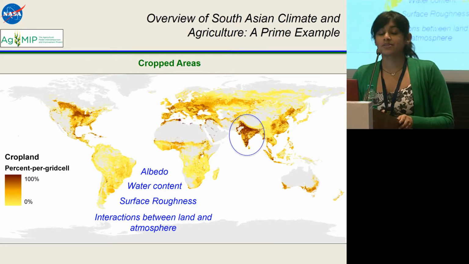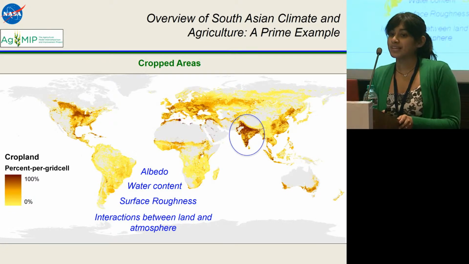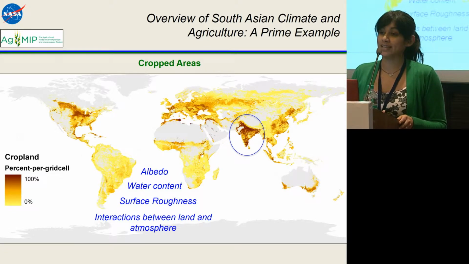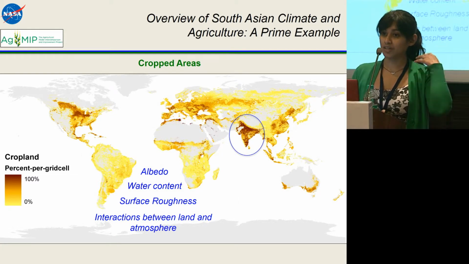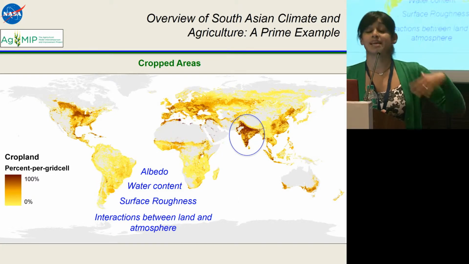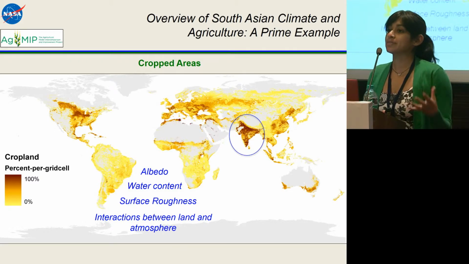And now, as you can see, this is a map of cropped areas, and it's arguable that India presents a really compelling and dramatic example of how a landscape dominated by agriculture can impact a very dramatic and extreme climate system.